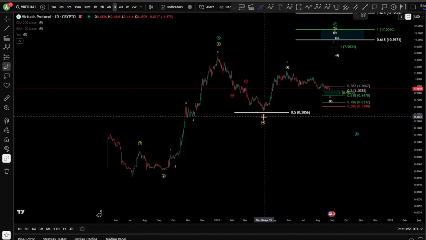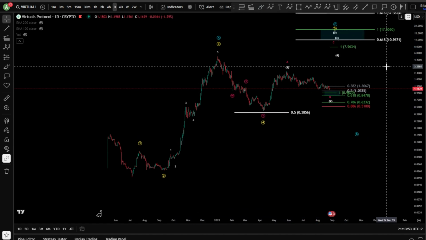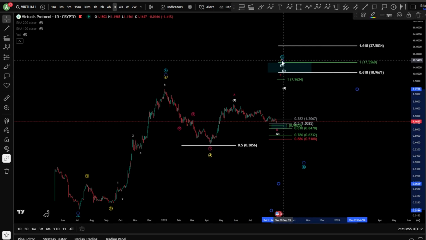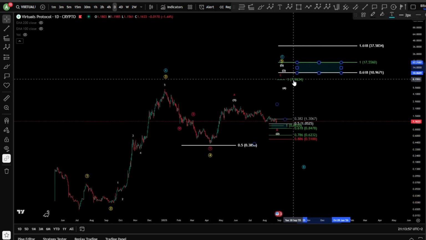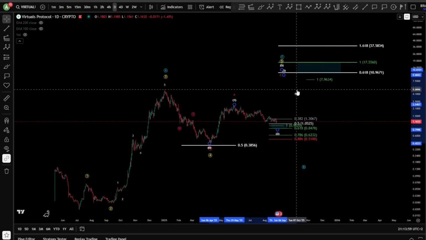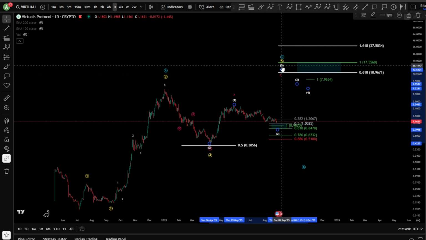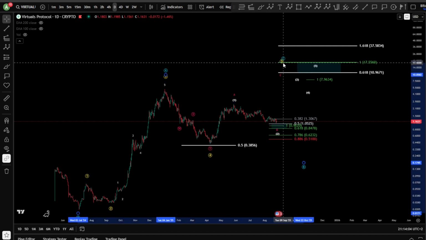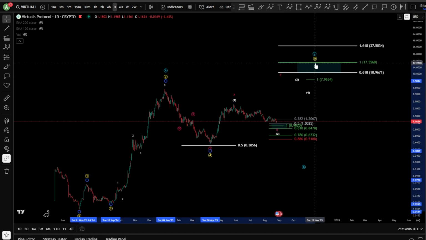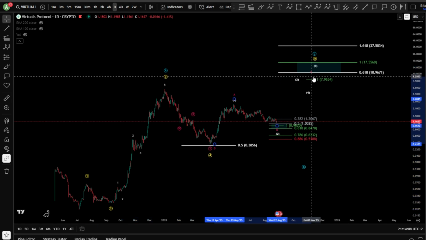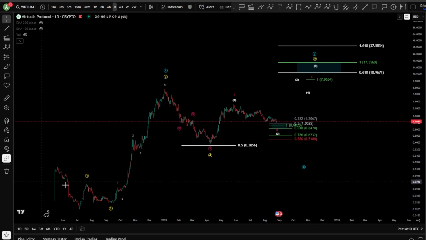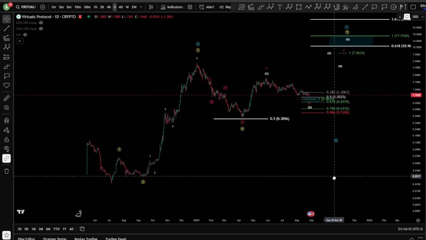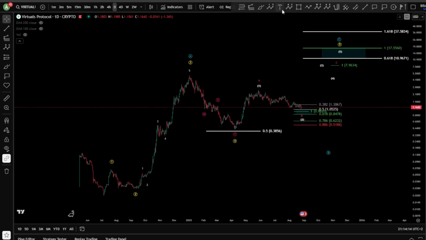The second possibility is, of course, the 1, 2, 3, 4, 5 here. You would like to reach the blue box as the target, and you would like to see the wave 3, the 4, and the 5 unfolding exactly there, finishing wave C, or a major wave 5. Okay, so these are the possibilities here for Virtuals.